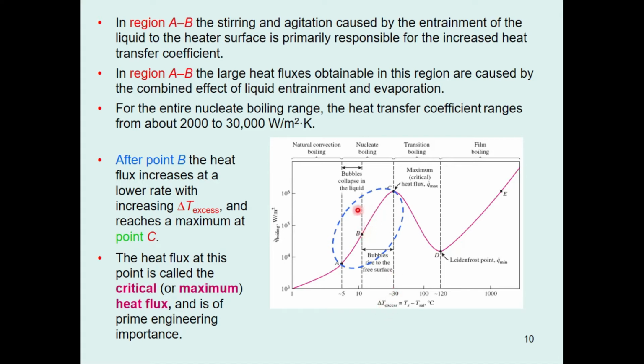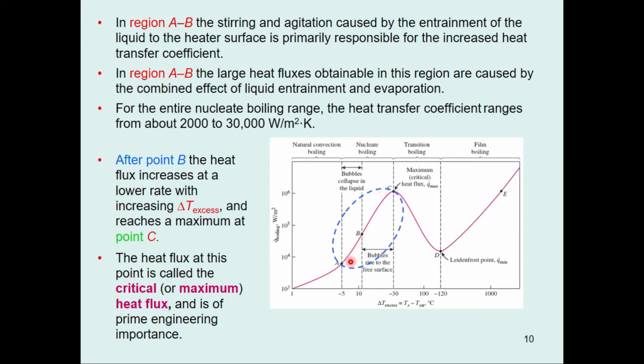There will be a large value of the boiling heat flux, which will be due to the combined motion of the liquid as well as the vapors that is going to stir the liquid, and there will be a sufficient or large value of the heat flux from the heating surface to the liquid.